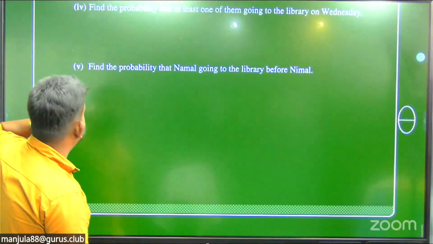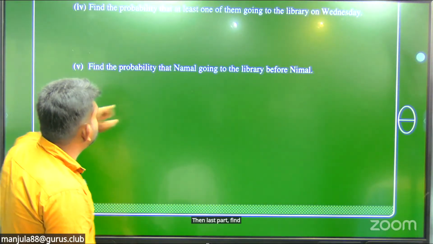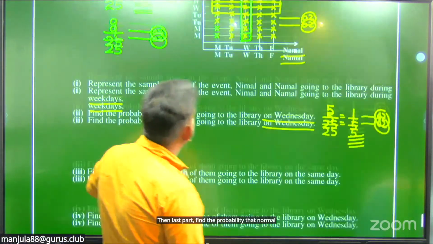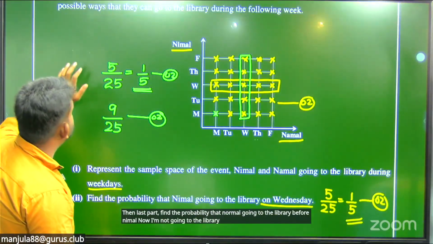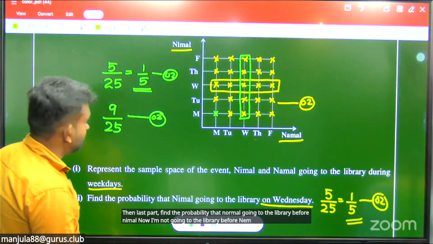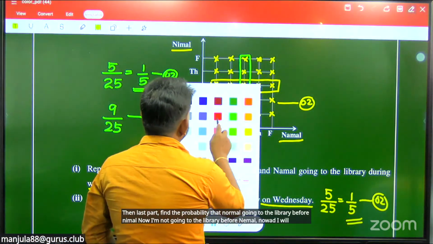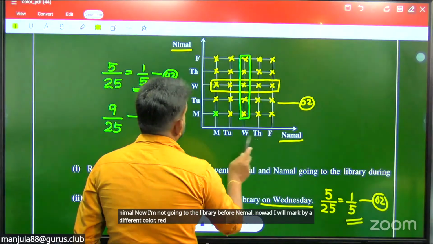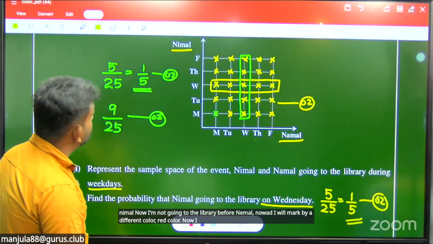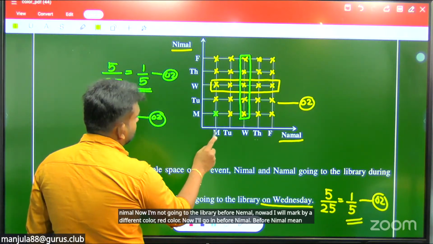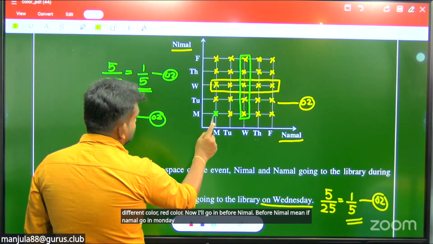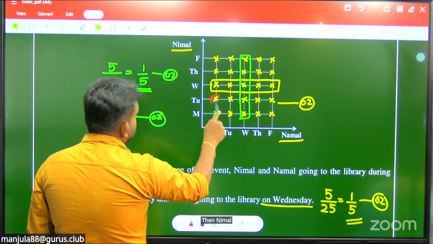Right, then the last part: find the probability that Namal goes to the library before Nimal. I will mark it in a different color, red. Namal going before Nimal means if Namal goes Monday, then Nimal should go Tuesday.